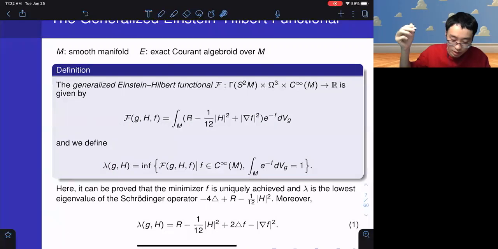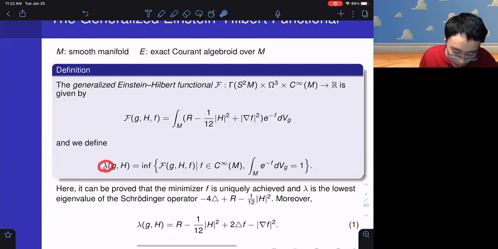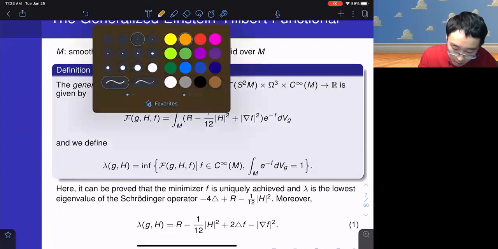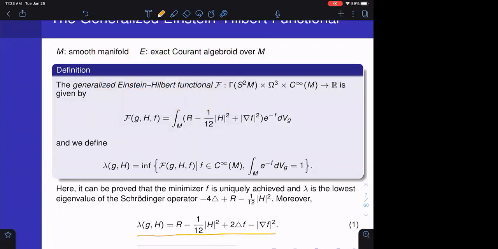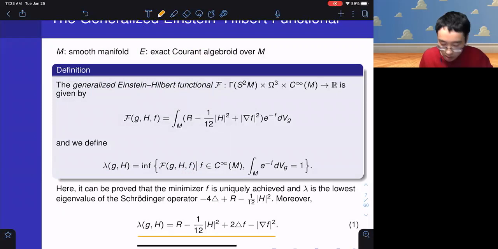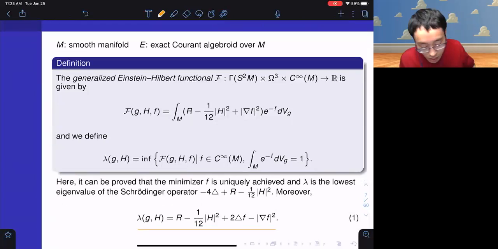Similar to the previous case, this minimizer f is always achieved and is uniquely achieved. Our lambda will be the lowest eigenvalue of the operator minus 4 Laplacian plus R minus 1/12 H squared. Moreover, our lambda is given by this equation: R minus 1/12 H squared plus 2 Laplacian f minus gradient f squared. This is really useful.